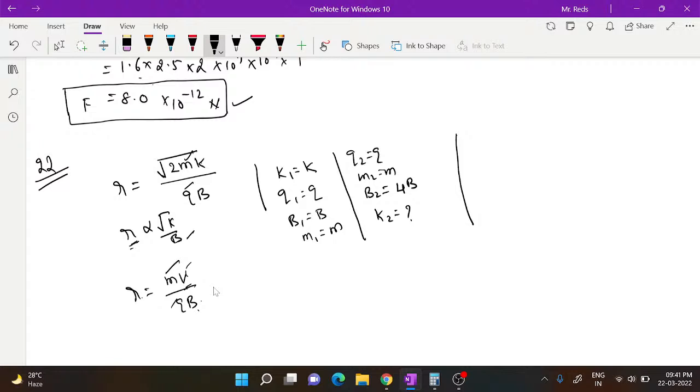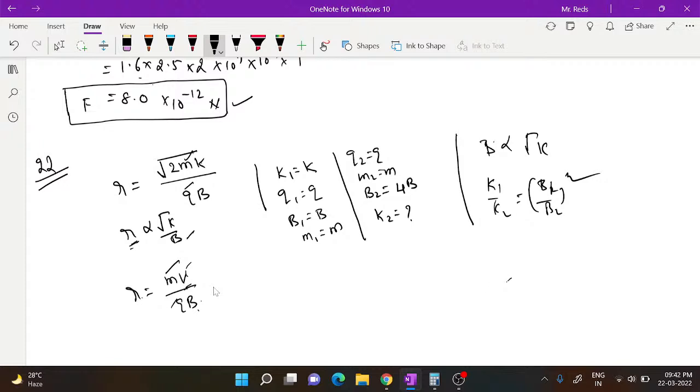This is four times. It is becoming four times. Consider B is proportional to root K. K1 by K2 is equal to B1 by B2 whole square.